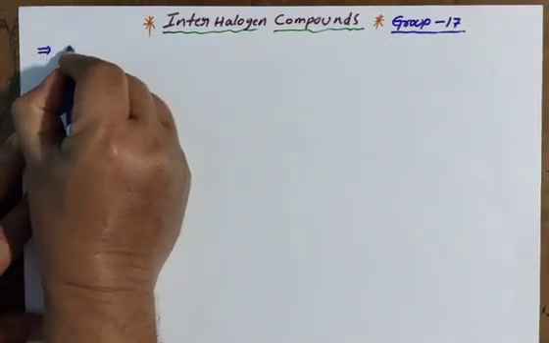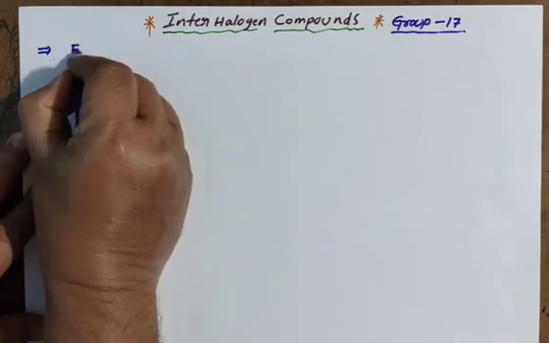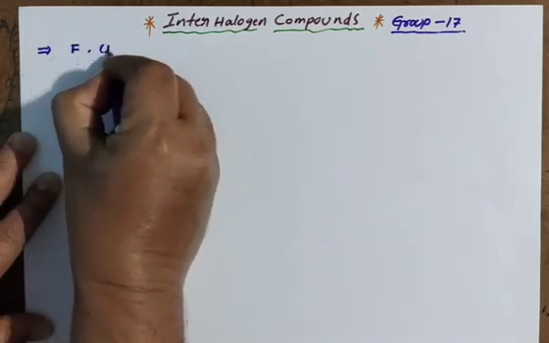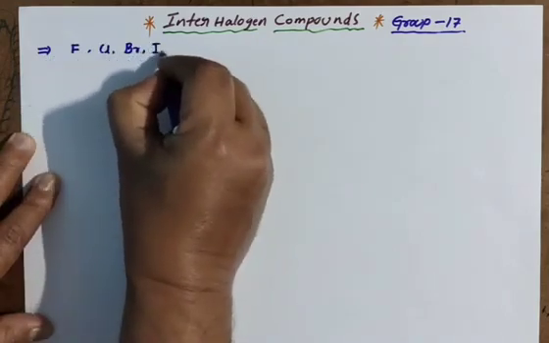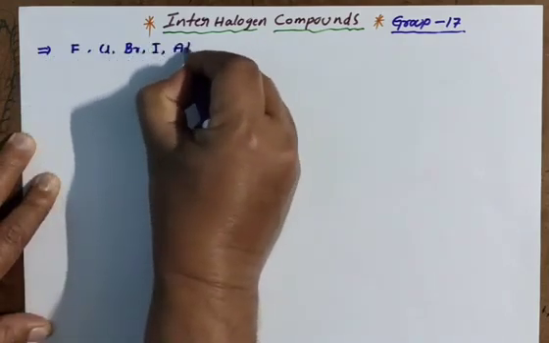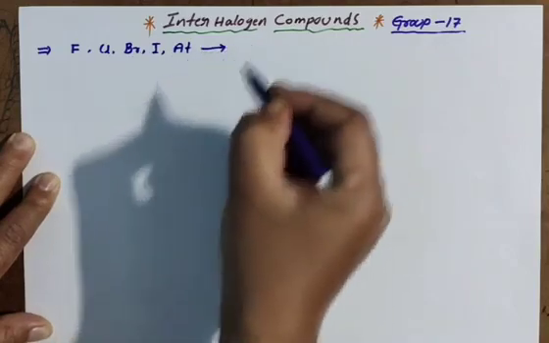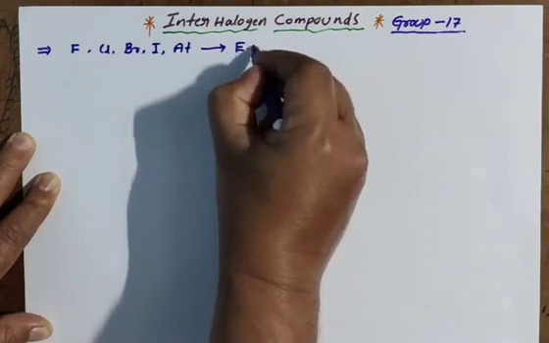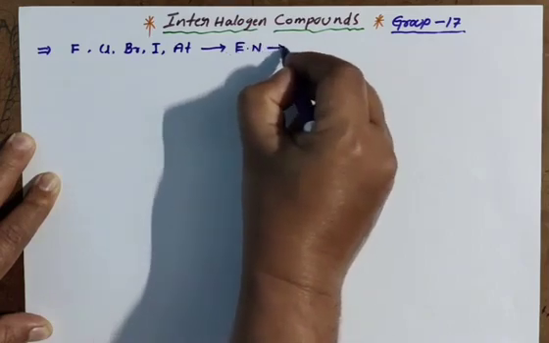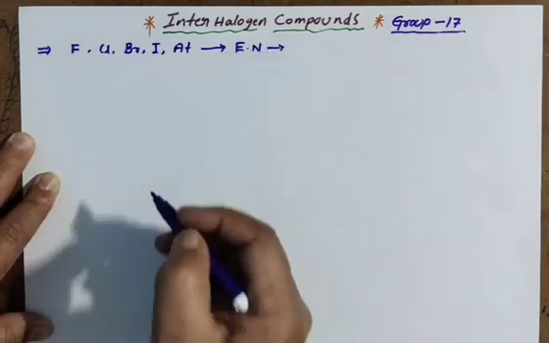You know very well the halogens: fluorine, chlorine, bromine, iodine and astatine. Their electronegativity is very important.